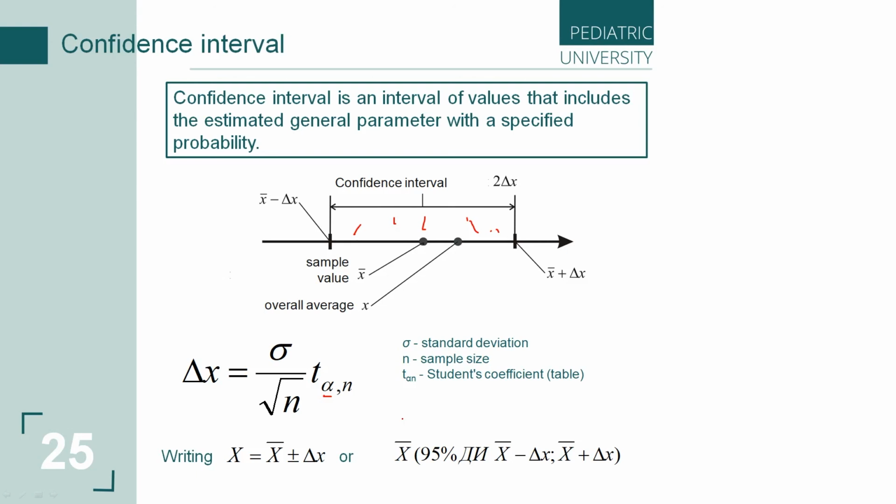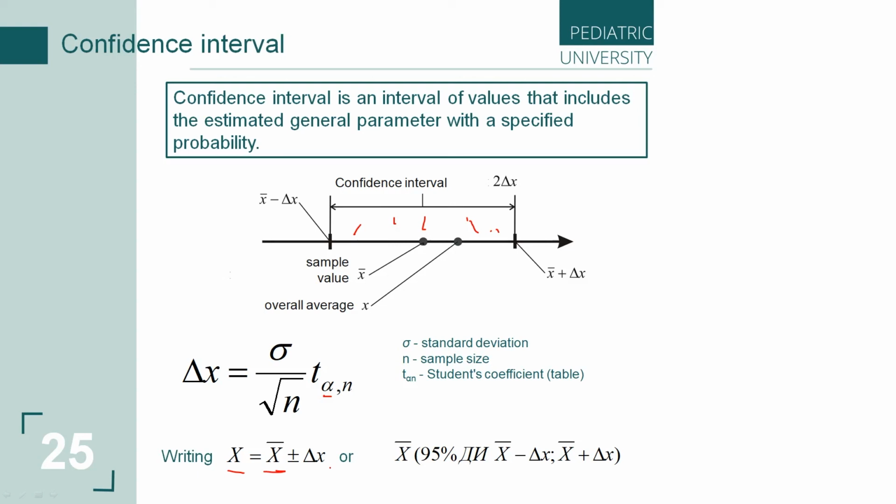The result is usually written down as follows: the mathematical expectation of the random variable in the general population equals the sample mean plus or minus delta x, where delta x is the half-width of the confidence interval that we calculated.